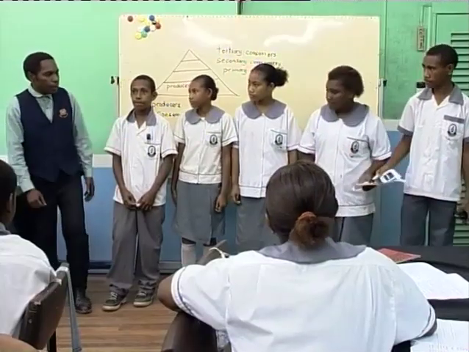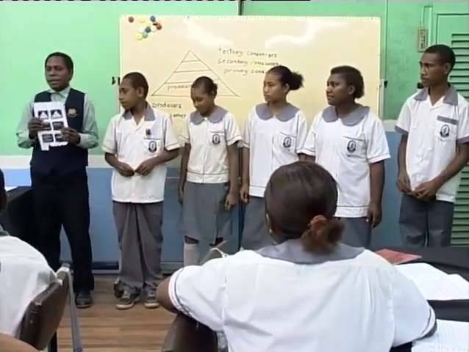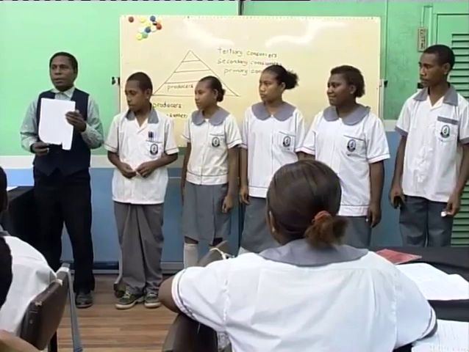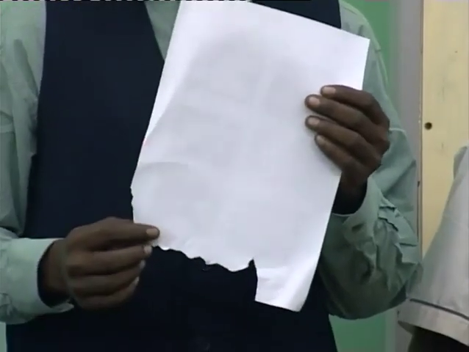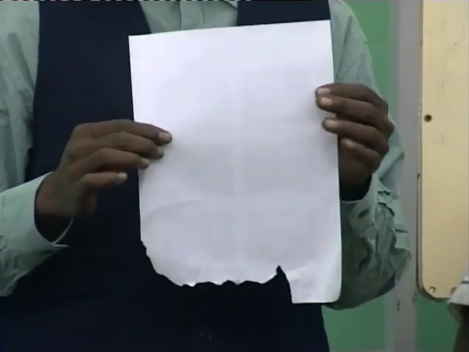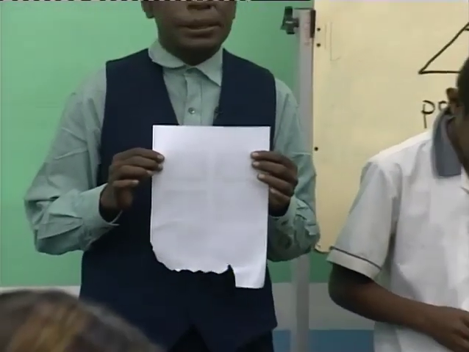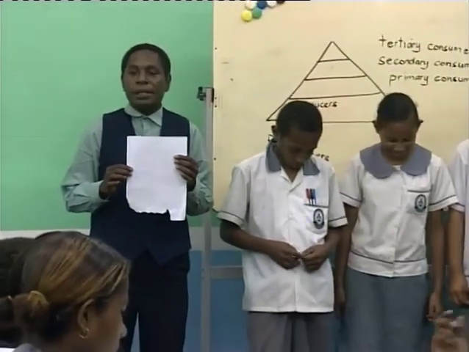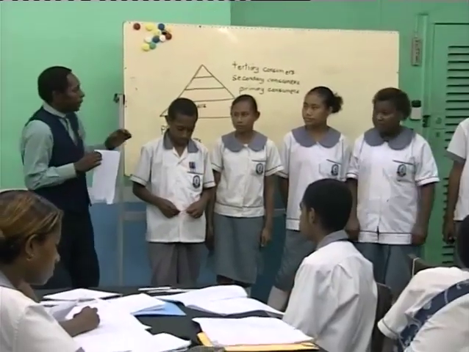Thank you very much. Now the paper itself doesn't look as it started off. Some parts of the paper are already used up. Can you see parts of the paper are used up? Thank you very much. We will be looking at an example of this in our lesson today. Right, thank you, class.